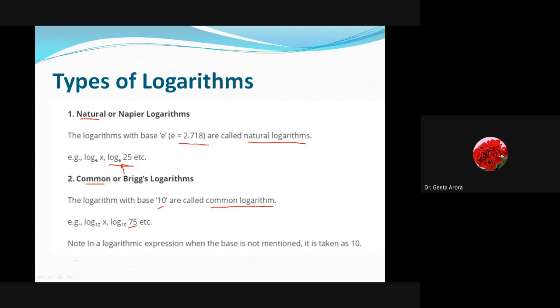And one more note: when the base is not mentioned, we have to take it as 10. Sometimes we have just written log of something. So when the base is not defined, we take by default the common logarithm with base 10. Correct. So these are the things to be taken care of.